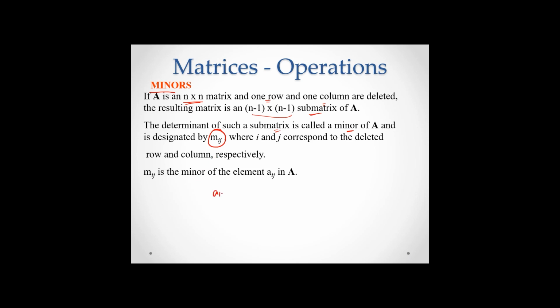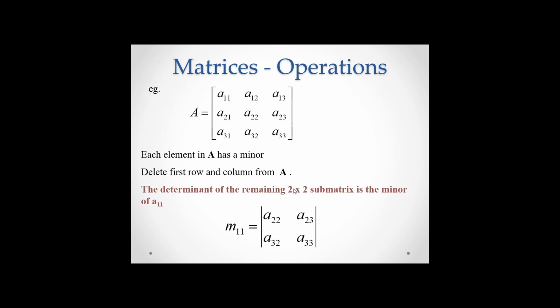Right? So if I have M11, that means I am deleting the ith row, that is i equal to 1, and j equal to 1. Okay? And the determinant that we obtain is called the minor. So, for example, if I have this matrix A11, A12, A13, this is a 3 cross 3.